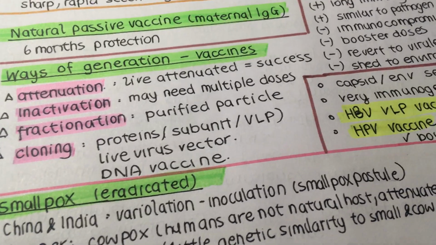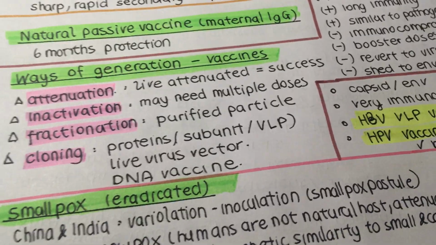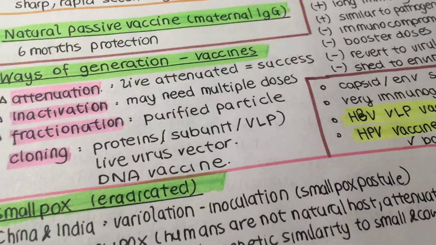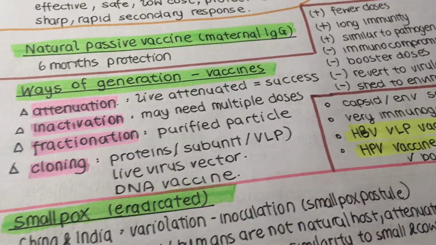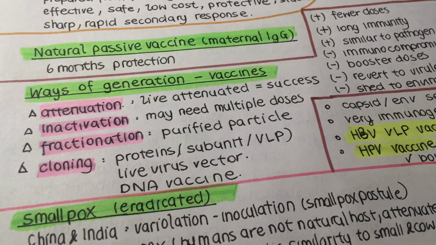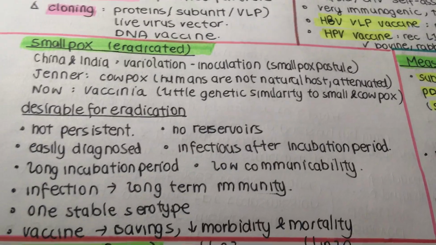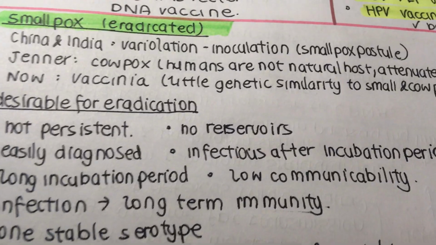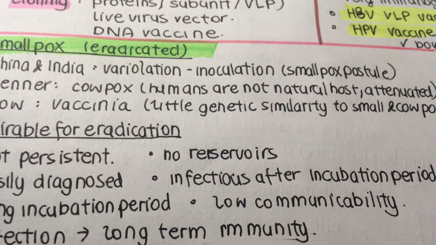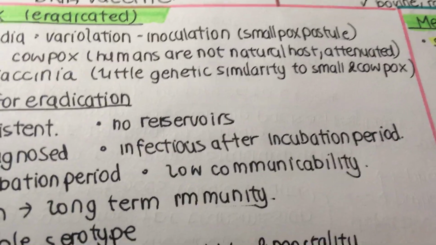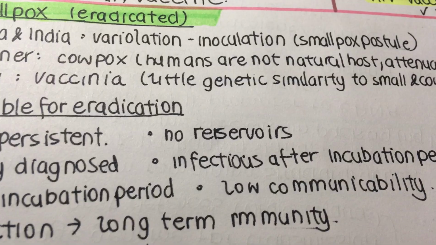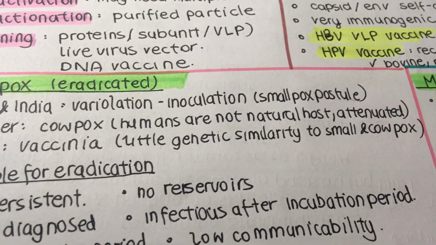It has very visible symptoms. It doesn't have any secondary hosts other than humans. It has a long incubation period and a low communicability. And also it only becomes infectious after the incubation period, unlike other diseases where you can be asymptomatic but still be able to transmit to others.